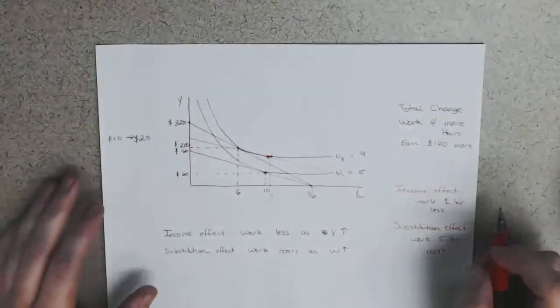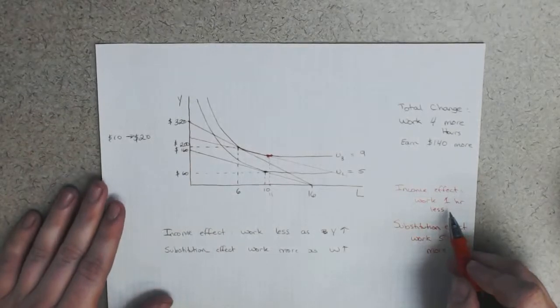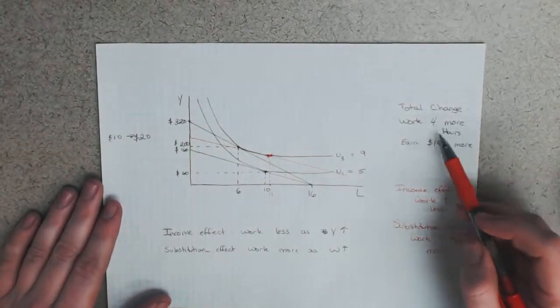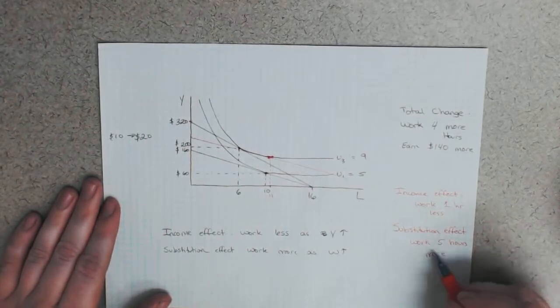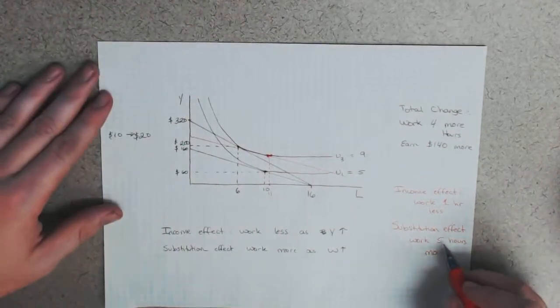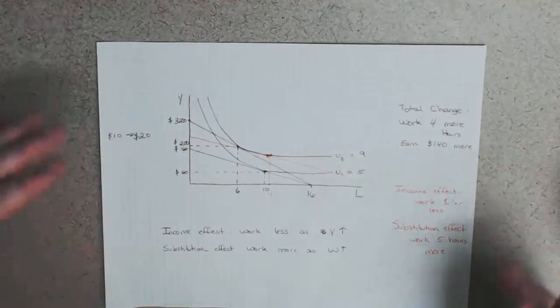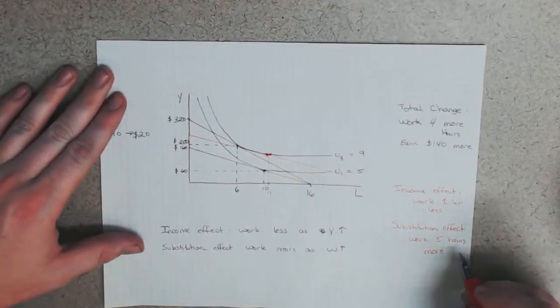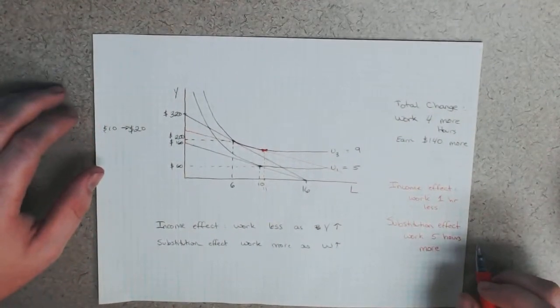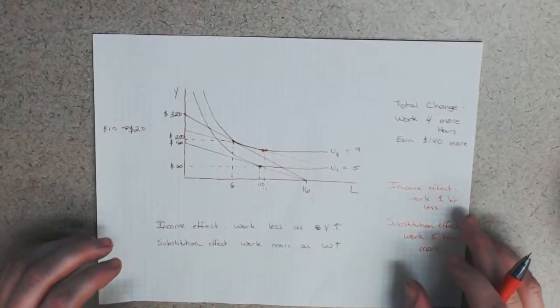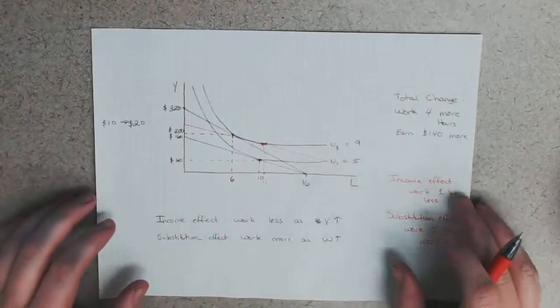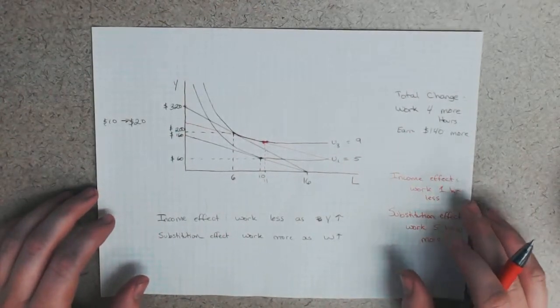Because if I'm working 1 hour less because of the income effect, and my total change is 4, it must be the case that the raise induces me to give up 5. The raise alone induces me to give up 5 more hours of my life. And that would be how we would show the income and substitution effects.